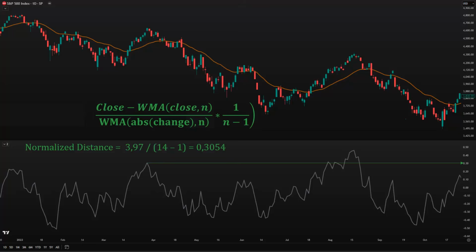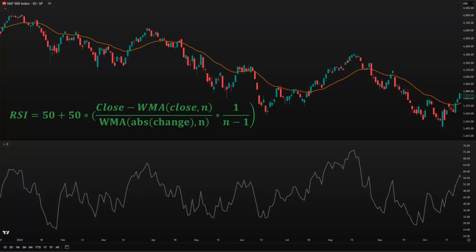The last step is to convert this normalized distance into the familiar RSI scale from 0 to 100. A normalized distance of +1 should correspond to RSI being equal to 100 and -1 to RSI being equal to 0. The conversion is linear.